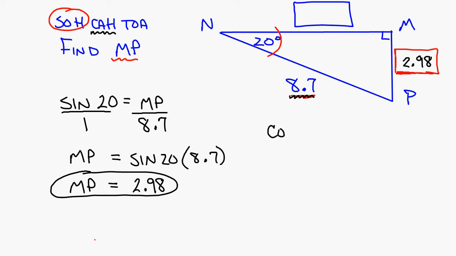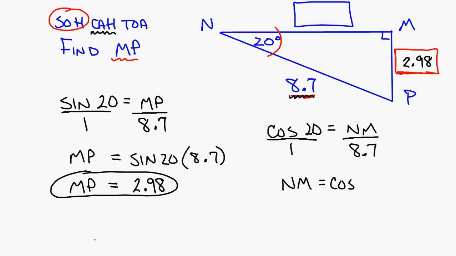So cosine 20 equals the adjacent side, which is NM, divided by the hypotenuse, which is 8.7. When you crisscross multiply here, your NM is going to be equal to cosine 20 times 8.7. So N to M is equal to 8.18.